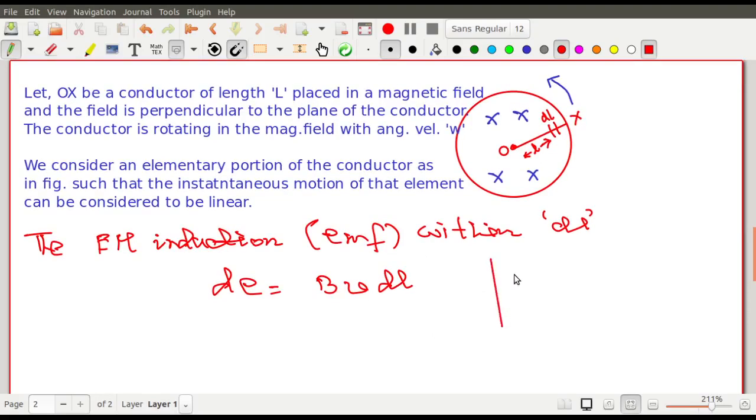And now you know what is the relation between linear velocity and angular velocity. It is V equals omega L. You know V equals omega R. So for this V you may write omega L into DL, right?